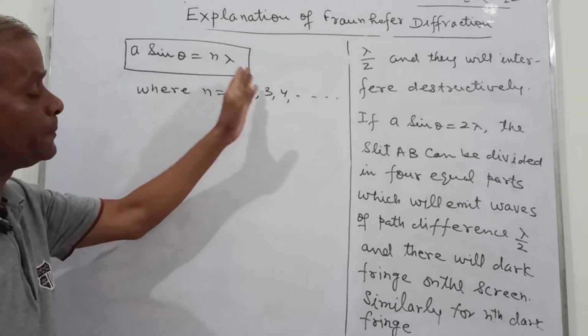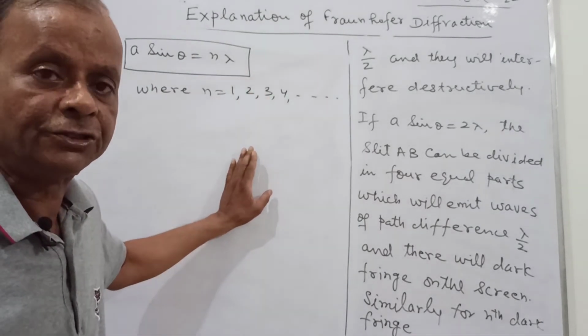Whenever we have this path difference, there will be a dark fringe.